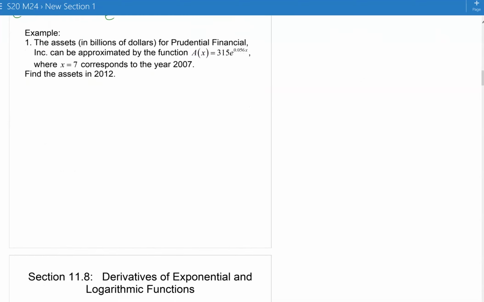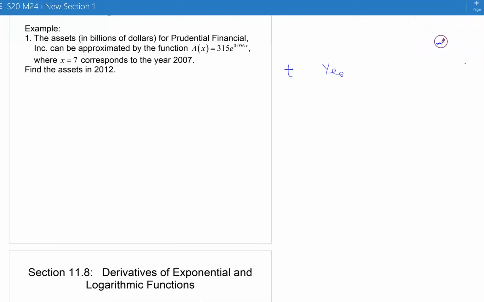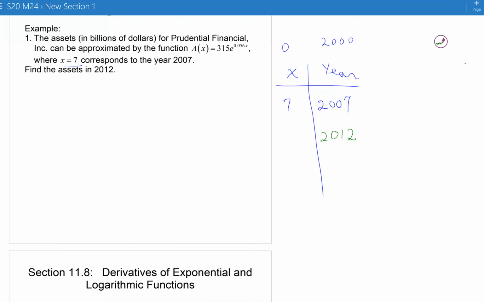So let's look at an example where we're just evaluating an exponential function. And I like to make charts where I put the information that I'm given. In this problem, I'm given that x equals 7 corresponds to the year 2007. So I can see that x equals 0 is corresponding to the year 2000. So when I'm asked to find the assets in 2012, I can easily see that the x is going to be 12.